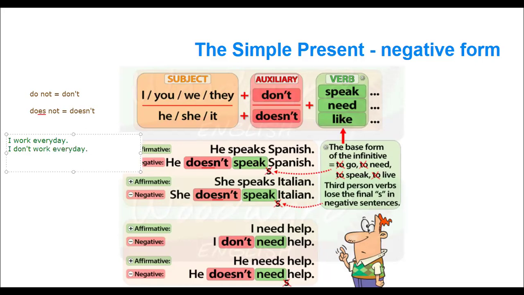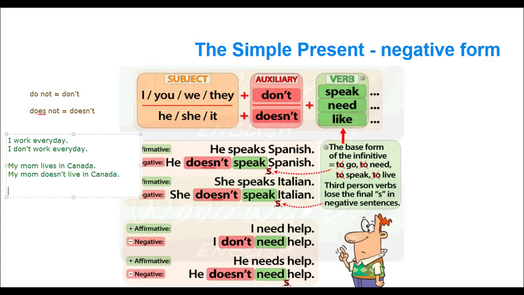Okay, what if I say, for example, my mom lives in Canada. My mom lives in Canada. What would be the negative form? My mom doesn't live in Canada. Good. My mom doesn't live in Canada. And no letter S to the verb, right?